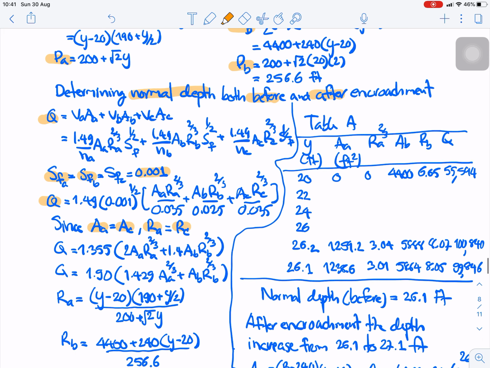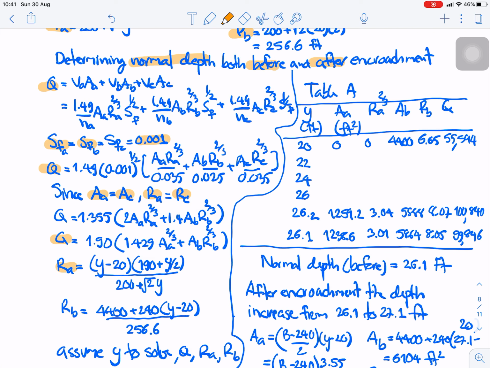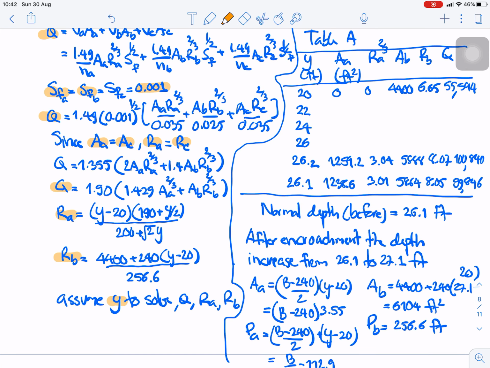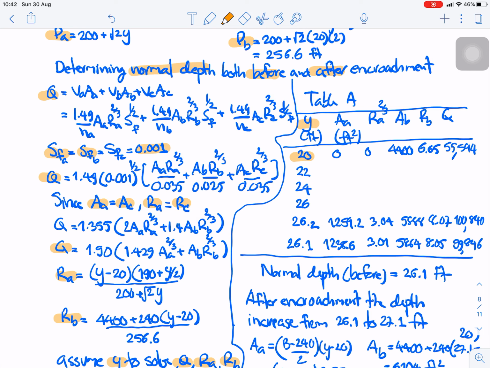We can combine the equations to get the equation for Q, and the hydraulic radius for part A and for part B. The next step is to assume y to solve for Q, R_A, and R_B. In the next table, we start by assuming y is 20, so we can estimate area A, radius A, and we get Q of about 55,000.